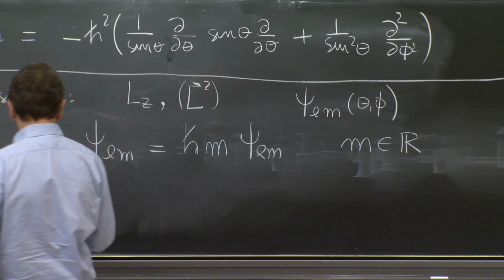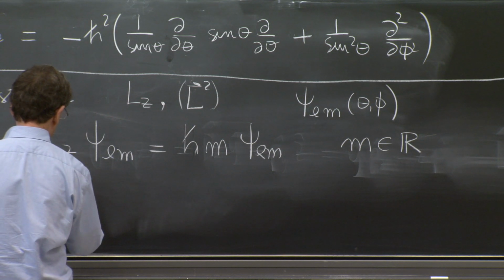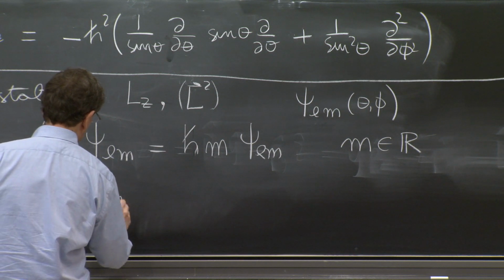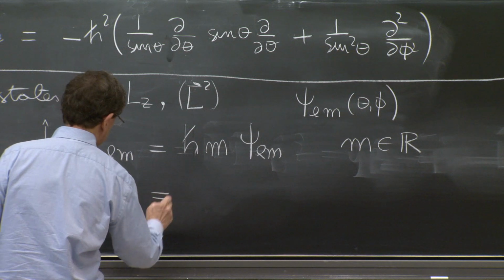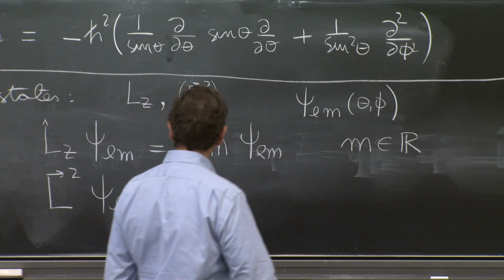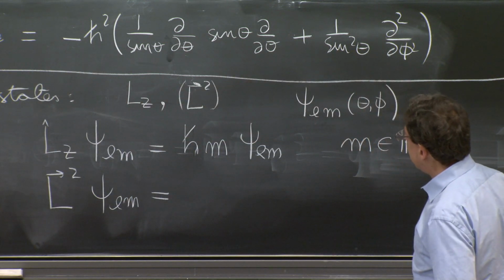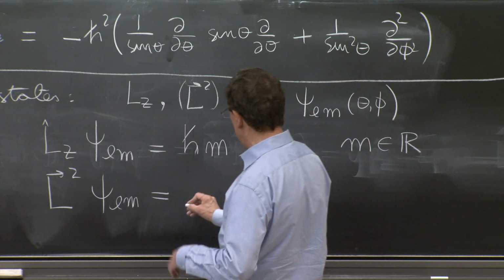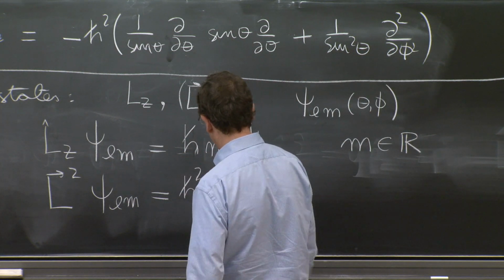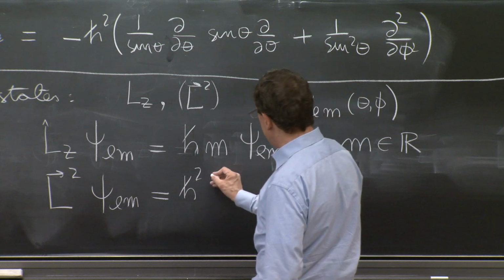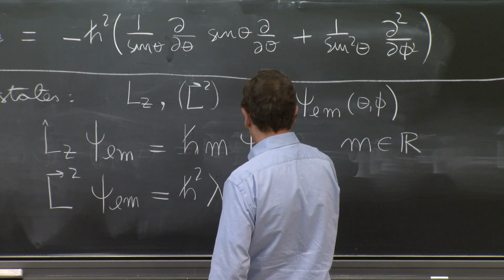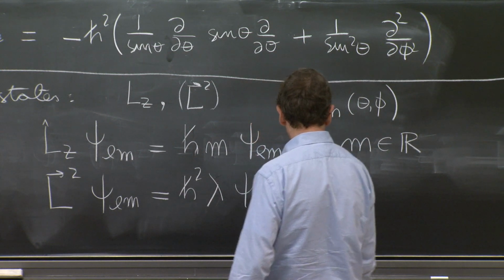From L squared on psi Lm, I can demand that this be equal, because of units, to h bar squared, and then a number, lambda, times psi Lm.